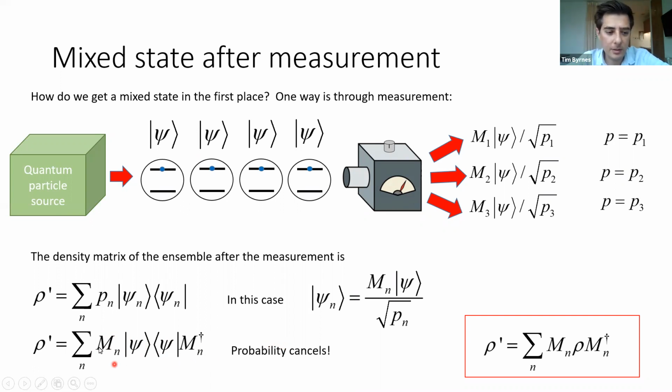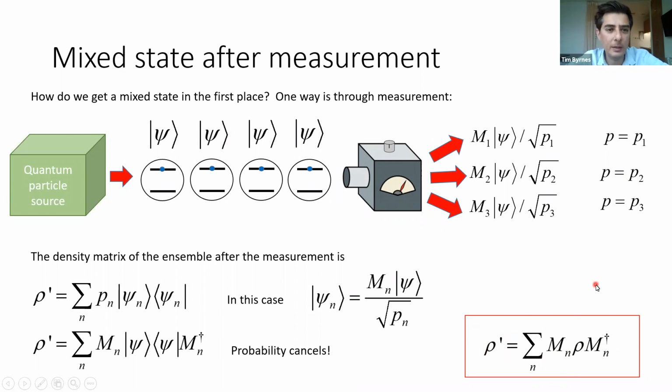That's the case if you started with a pure state, like I've illustrated here. But if you started with a mixed state, because you're also allowed to measure a mixed state, the formula is very similar. It's just this one. Again, you sandwich the density matrix by the measurement operators, and then you sum over all the different cases, and that's the average state that you get.